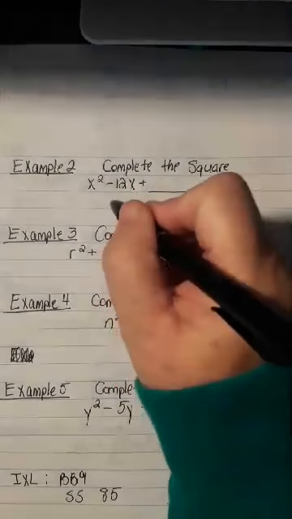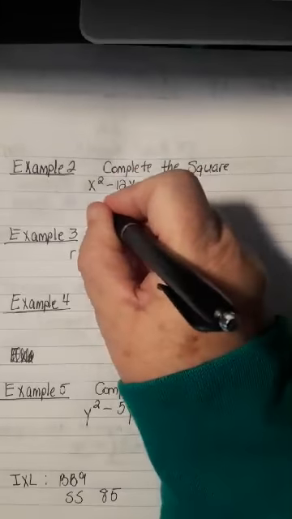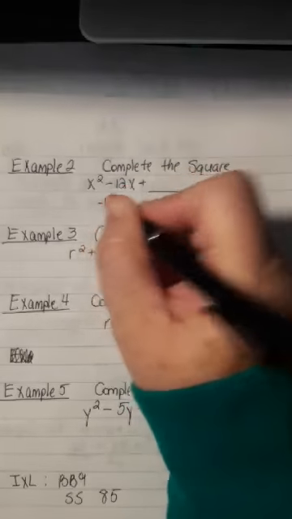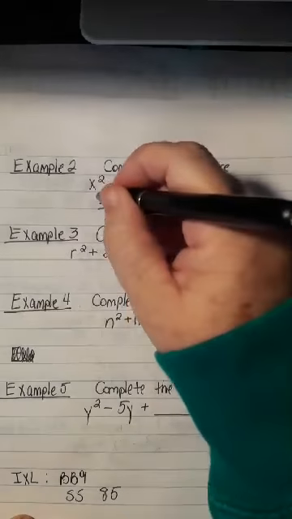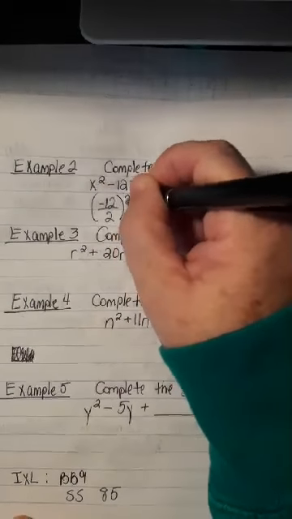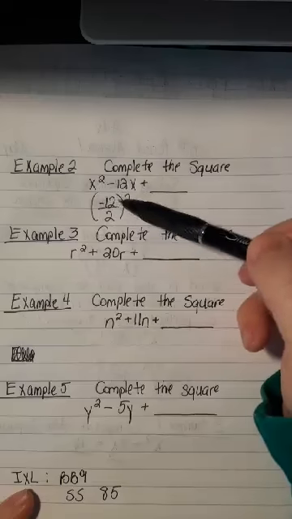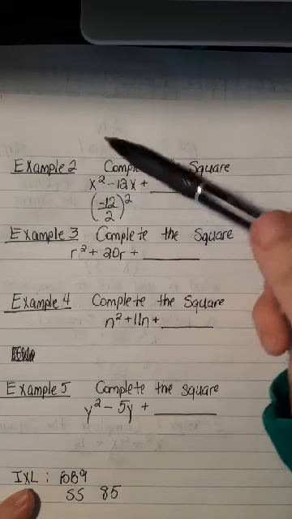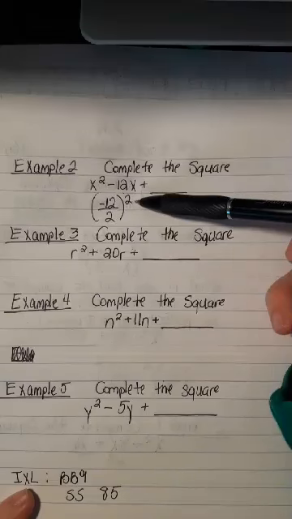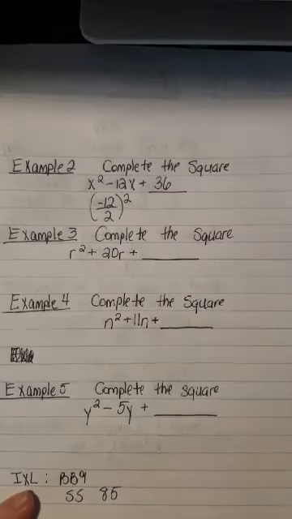You get that by taking the number in front of x, negative 12, and you half it. And then once you half it, you square it. So in the parentheses right here, half of 12 is 6. And remember, it doesn't matter about the sign. So 6 squared is 6 times 6, which is 36.